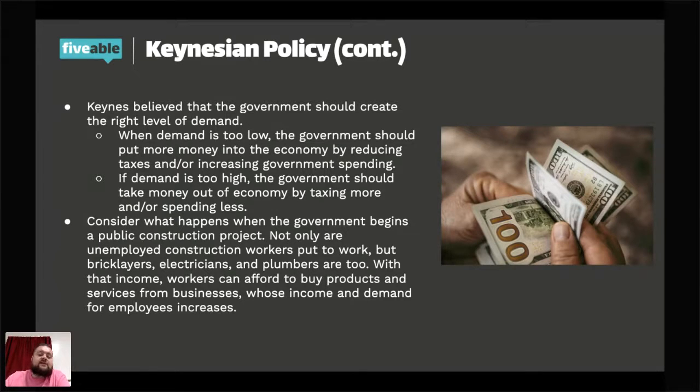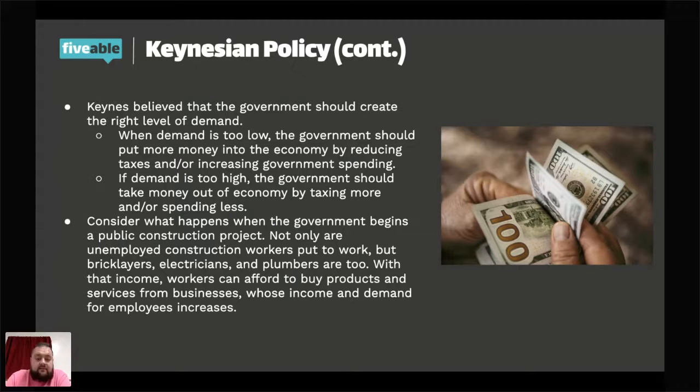Okay. So consider what happens when the government begins a public construction project, okay? Not only are the unemployed construction workers put to work, but the bricklayers, electricians, and plumbers are too. With that income, workers can afford to buy products and services from businesses whose income and demand for employees increase as well. So it's kind of like a little cycle, okay?